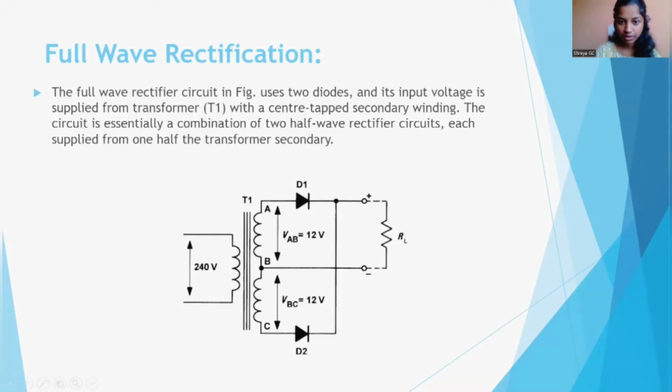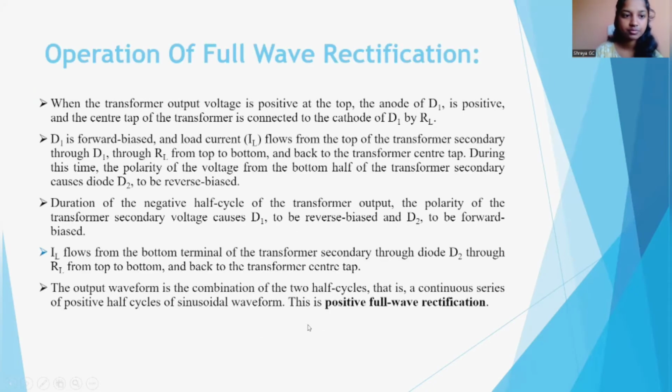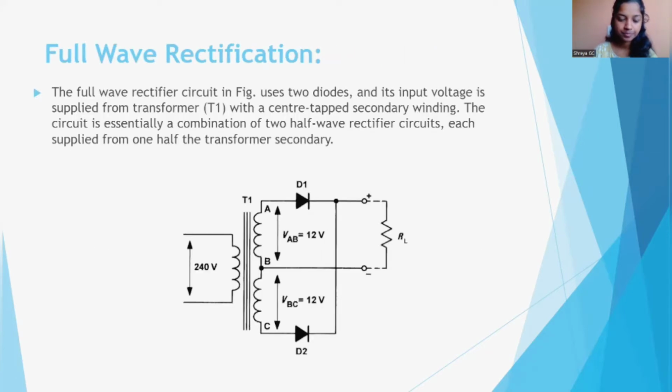The current IL flows from the bottom terminal of the transformer secondary through the diode D2, through RL from top to bottom and back to the transformer's center tap.